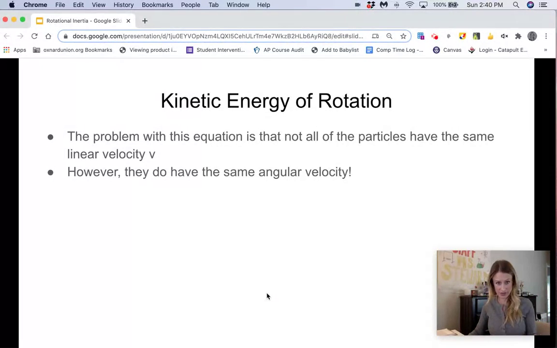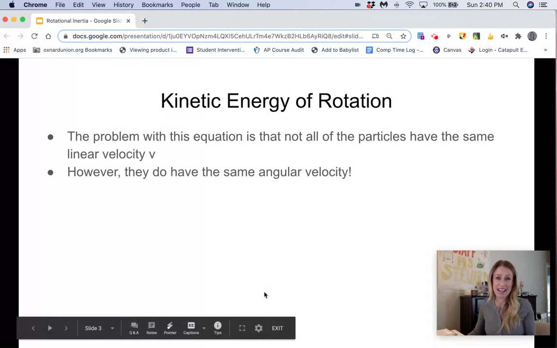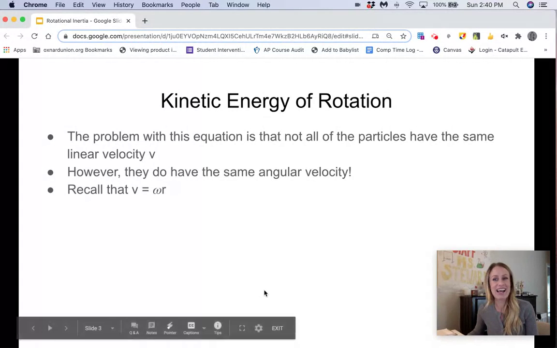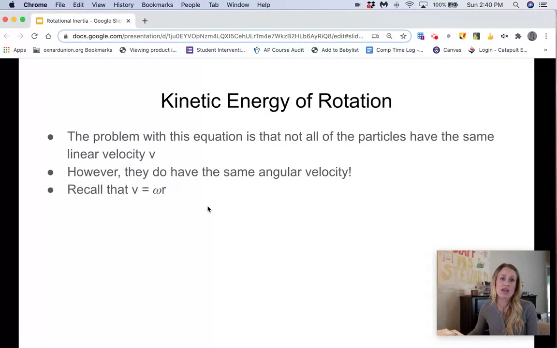So what we're going to do here is use angular velocity. We know that all the particles have the same angular velocity, which was that fancy omega symbol, lowercase omega. Because they have the same angular velocity, we can use the equation that relates linear velocity to angular velocity with the radius: linear velocity is equal to angular velocity times radius.